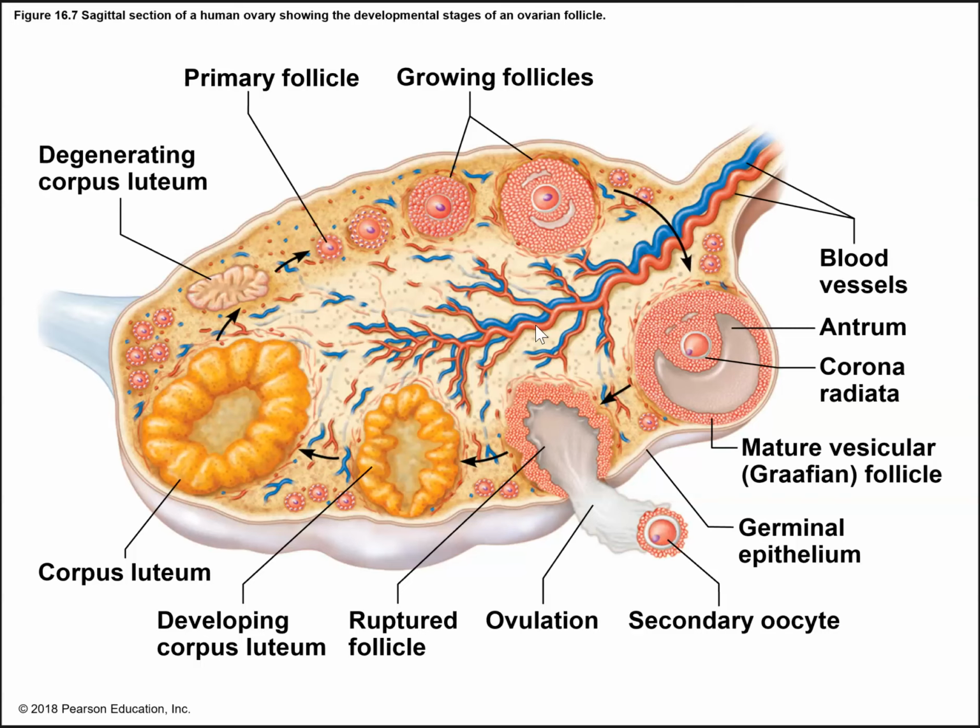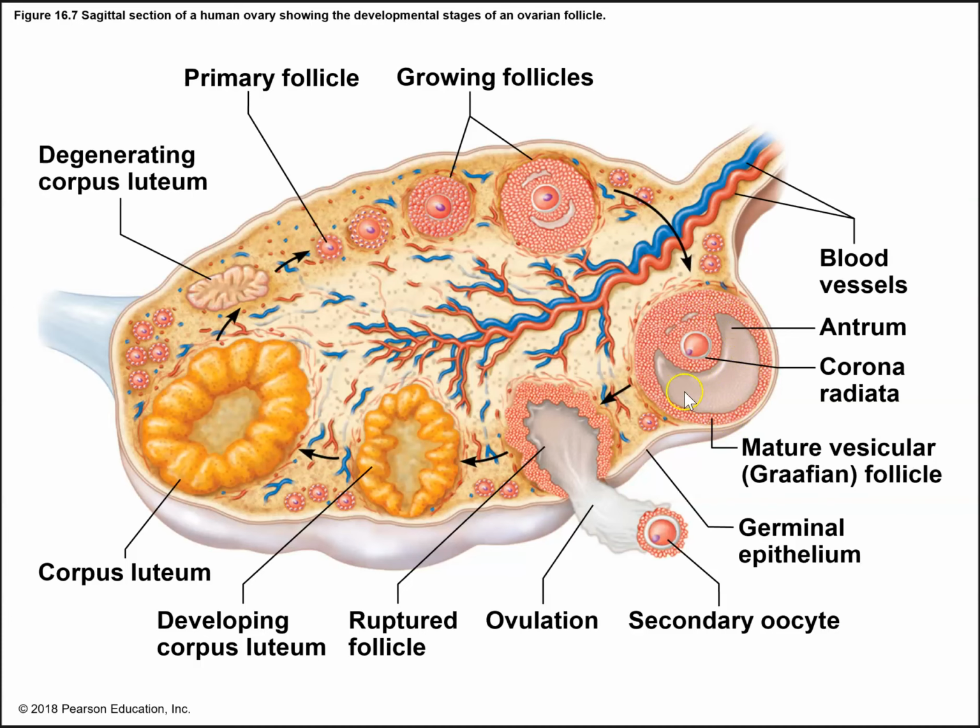The secondary follicle is also known as the antral follicle, which contains the antral cavity, and it develops into the Graafian follicle. So this is the secondary follicle, and the Graafian follicle matures to form the oocyte, ready to ovulate.